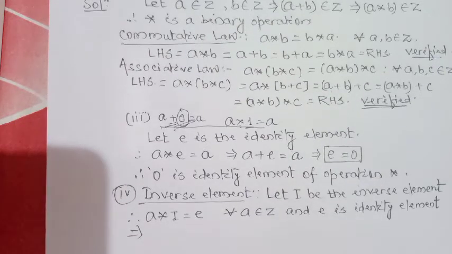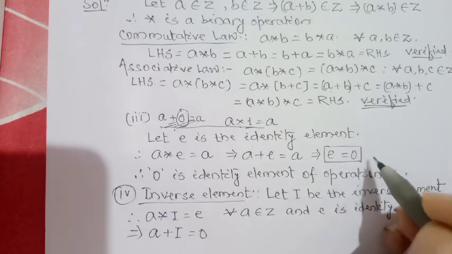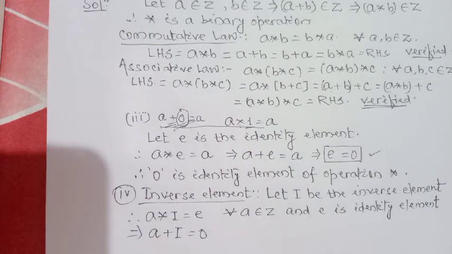A star I means A plus I, and the value of E is 0, which we just obtained.